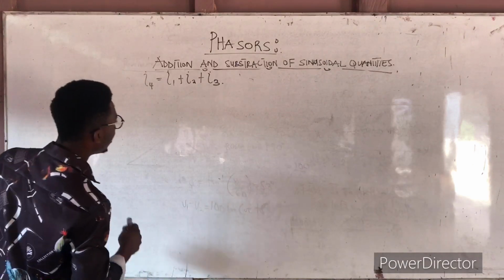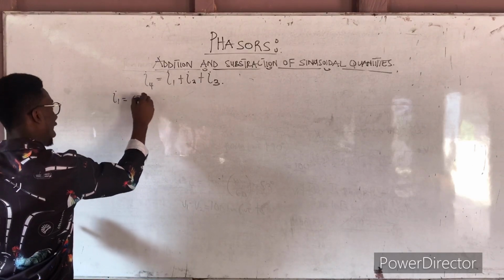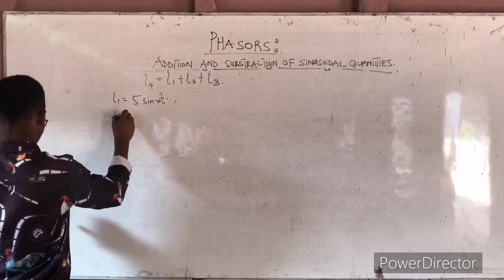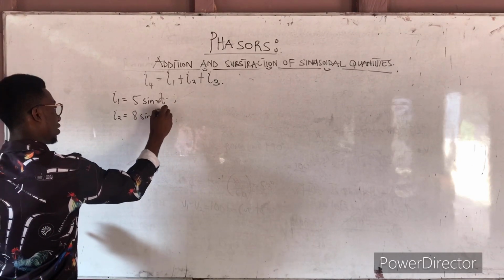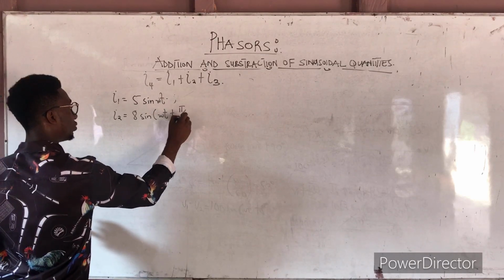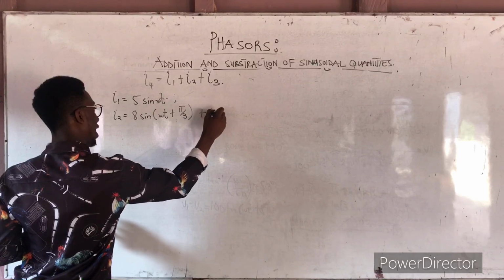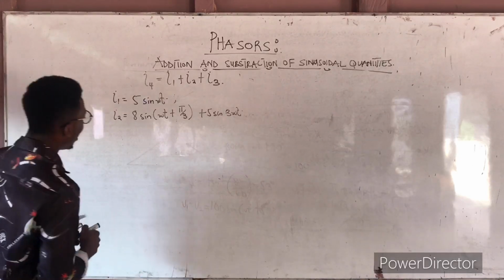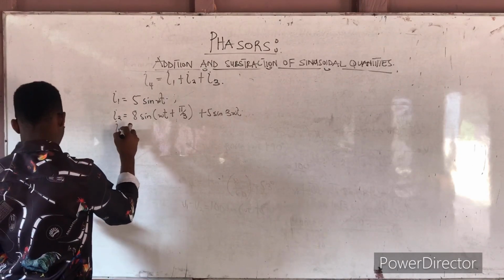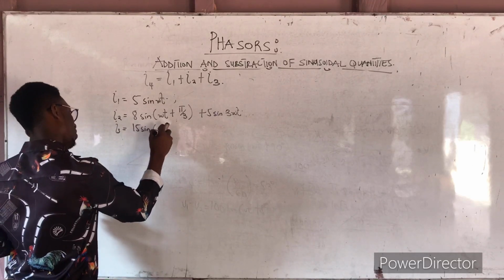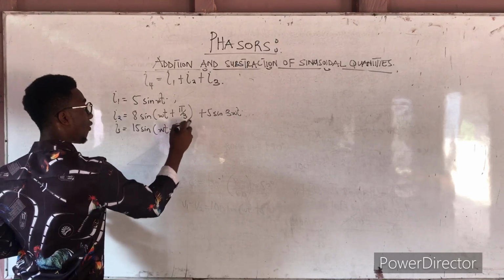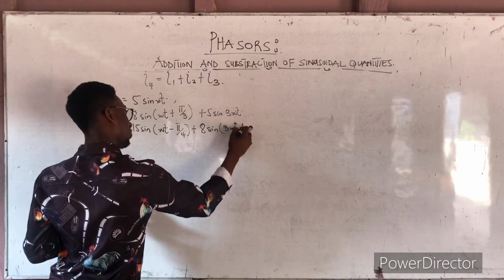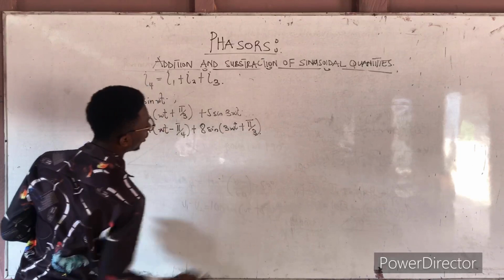From the question, we're given I1 as 5 sine omega t, I2 as 8 sine (omega t plus pi/3) plus 5 sine 3 omega t, and I3 as 15 sine (omega t minus pi/4) plus 8 sine (3 omega t plus pi/3).